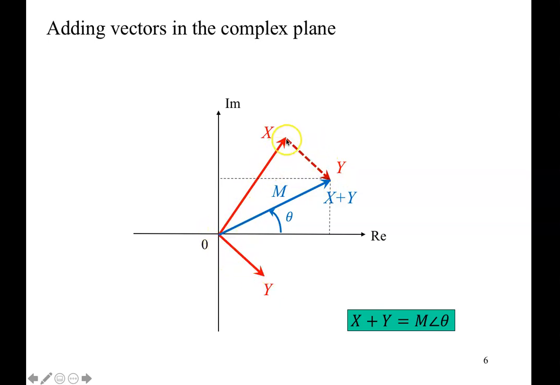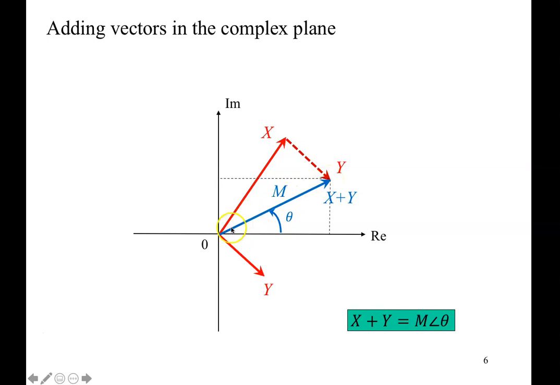So it's X plus Y. At the end of the Y arrow, I'm going to draw a straight line from the point of origin to the end of Y. That's my new complex number.